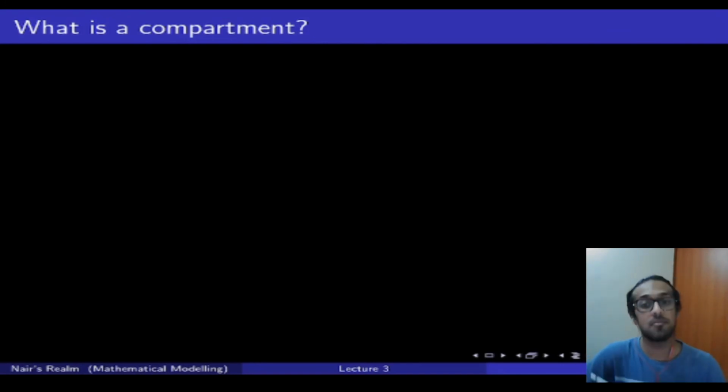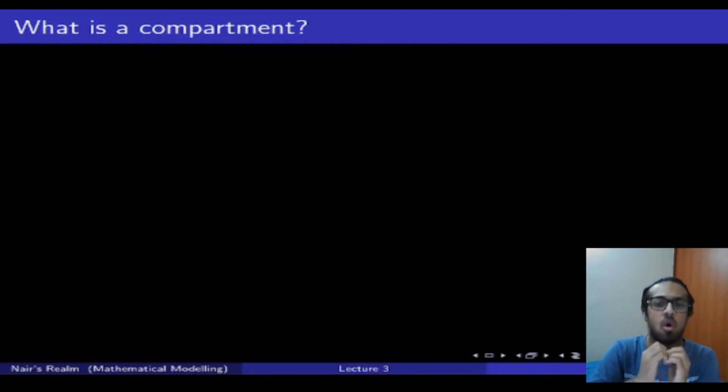So a compartment, the way I look at it, is essentially your scope, right? For those of you who have done programming, you will know what the scope of a variable is. Something can have global scope, something can have local scope. If you've not done programming, a very simple way to put it is, if you think of your college campus, right?